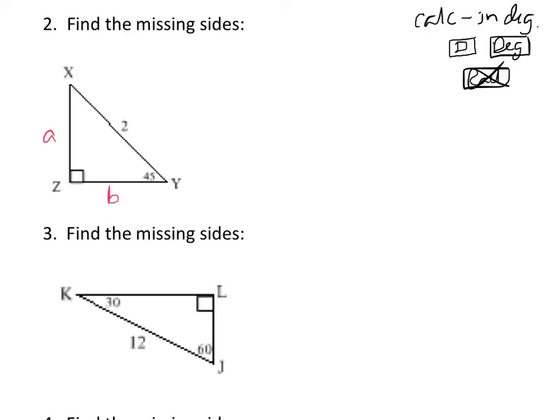Now, if I have an angle here, angle 45, and I'm looking from there, then side A is considered opposite, and this is our hypotenuse. So I'm going to use sine of angle Y, and I know my angle Y, it's 45 degrees.